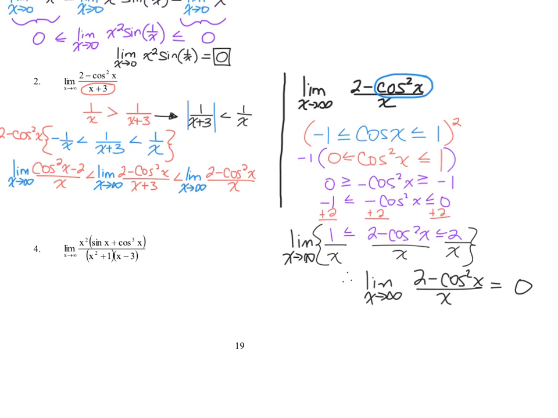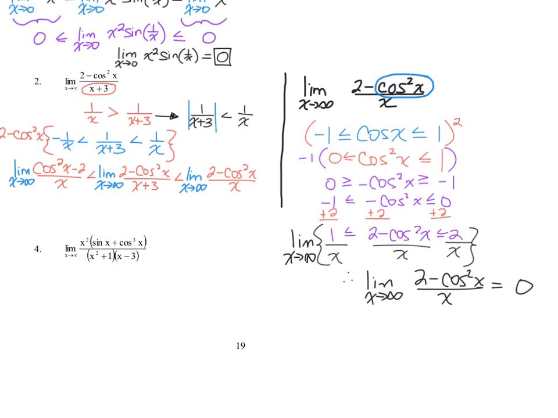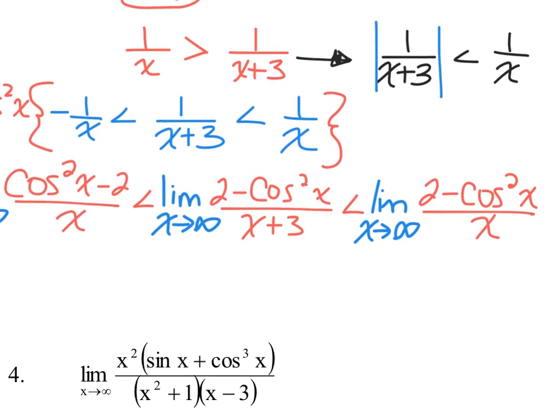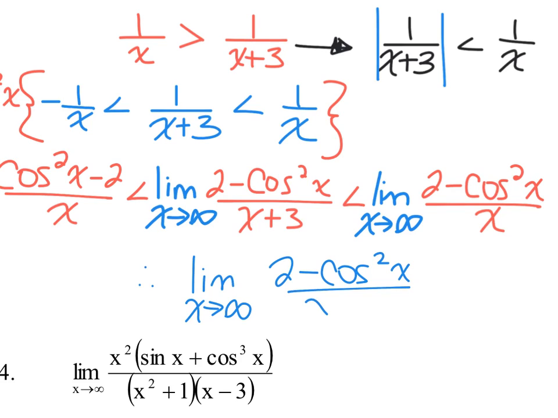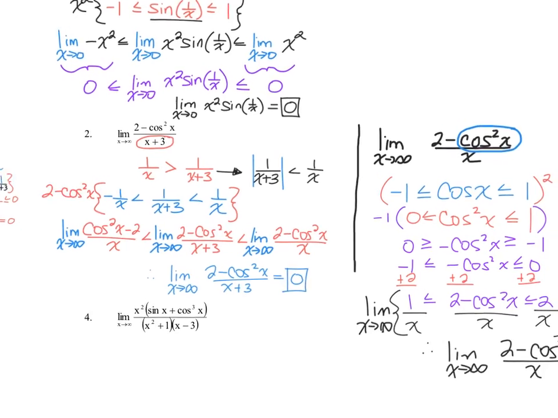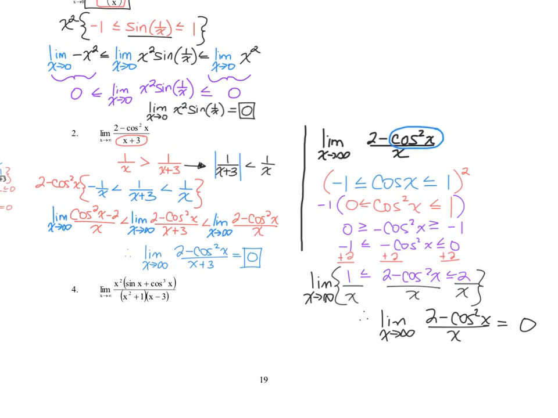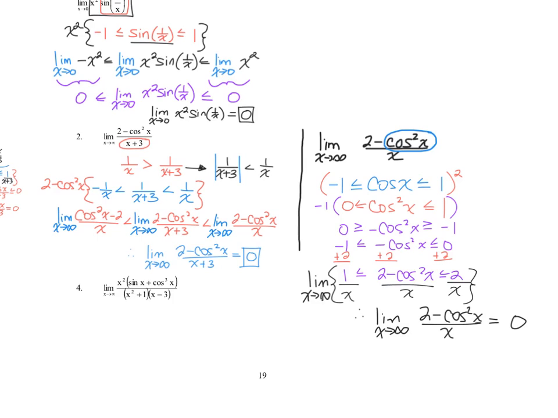And that translates to what we did earlier as a final answer: the limit as x approaches infinity of 2 minus cosine squared x over x plus 3, because it's sandwiched in between those two, would also become 0. A lot easier to do it this way.